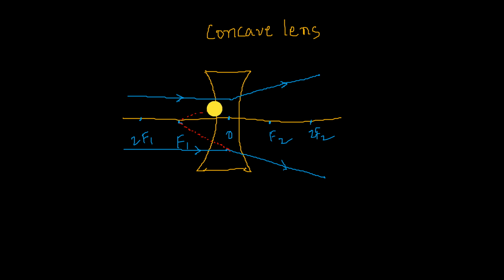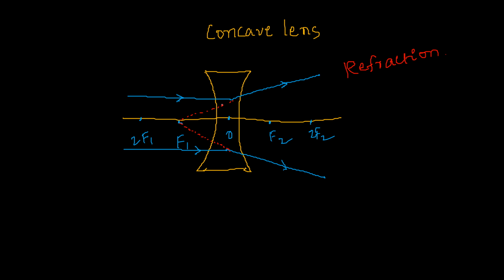So what phenomenon is involved in this lens? Refraction. When light rays pass through the lens, refraction takes place, because it's a transparent medium. Light will pass through, and at the interface of the two media it will bend. So refraction takes place.